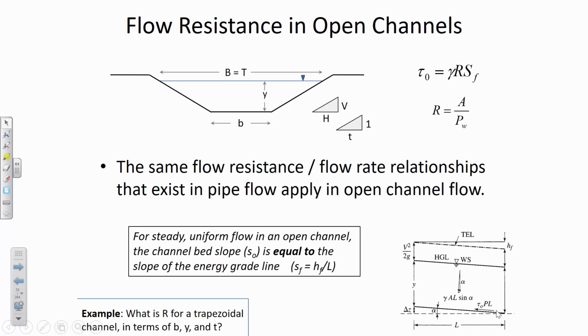All right, so in other words, what we want to have is hydraulic radius is what? How would you calculate the hydraulic radius for some B, Y, and T? What you have to do is look at this geometry of a trapezoid and figure out what the area is in terms of B, Y, and T, and then what's the wetted perimeter. Now the top of this is in contact with the air, so it doesn't count in wetted perimeter.